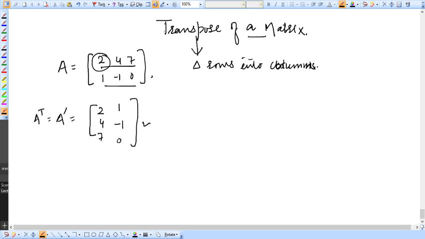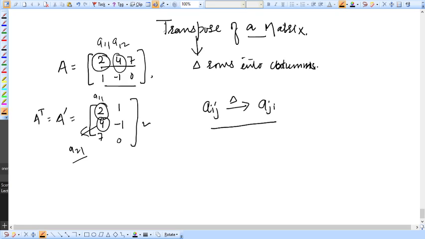It was the first element a11, it has become a11. It was a12, it has become a21, right? So in this transpose, aij gets changed into aji, right? So this is the property of the transpose matrix.